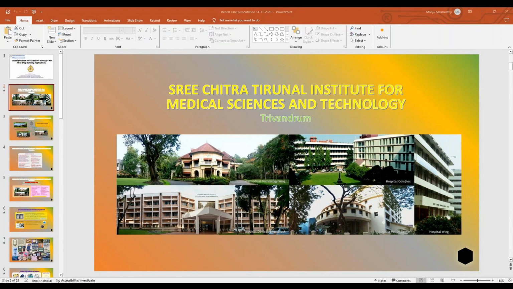Kindly click on the slideshow option once again. It's not showing the slideshow option. I'm not sure why. Actually, I'm using the online version, I haven't downloaded the app. I don't know whether it is because of that.